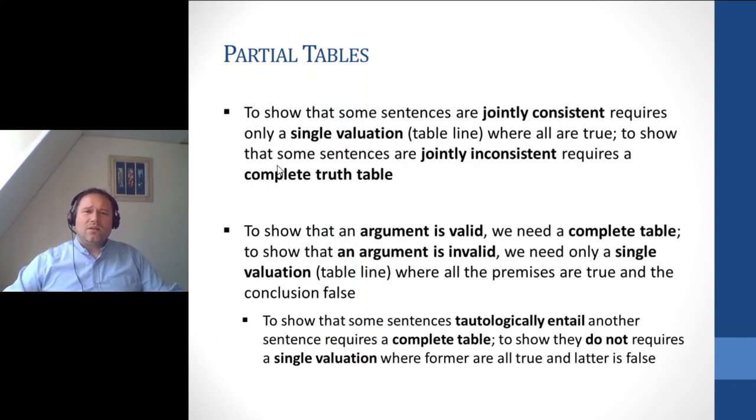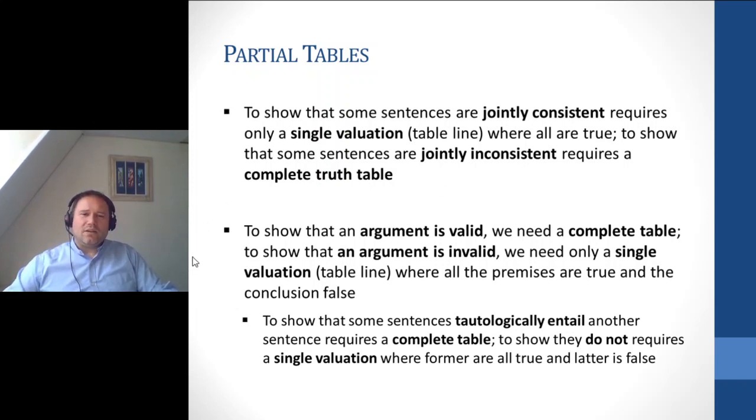Similarly, to show that some sentences are jointly consistent, we only need a single valuation, namely one where they're all true. And to show that they're inconsistent, we're going to need a complete truth table, because they're only going to be jointly inconsistent if on every valuation, we can't make them all true.